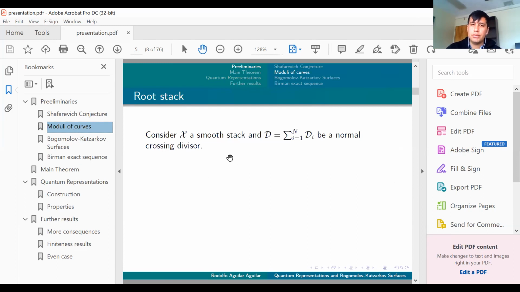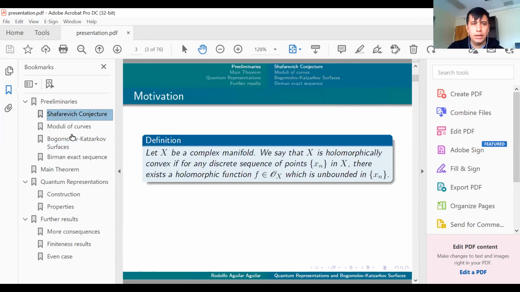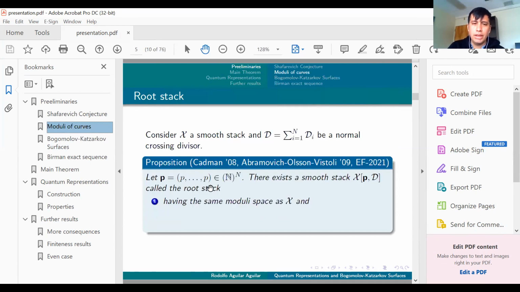You can do the root construction and this will encode information of branched coverings. And of course, one thing that makes it very complicated is if you put different weights. If you put not only P, P, P here, but no matter what, it's quite complicated to say something, even in the case of P2 with an arrangement of lines.